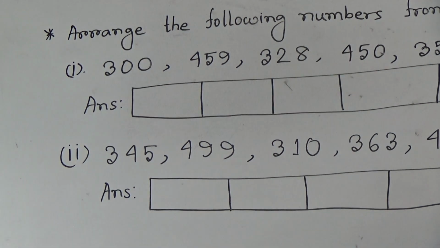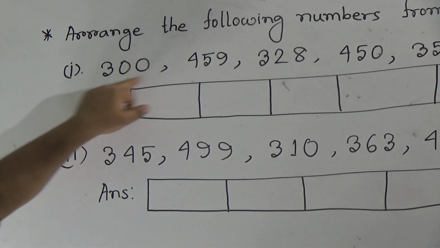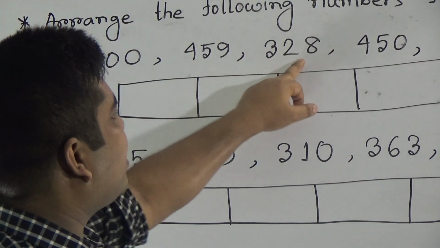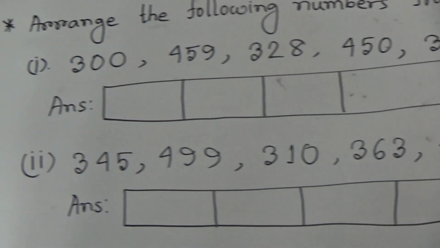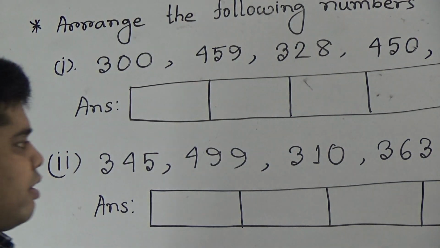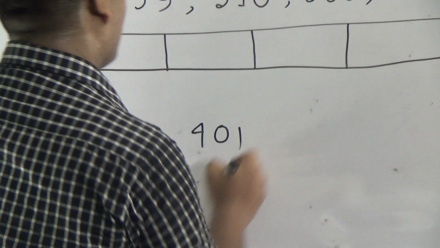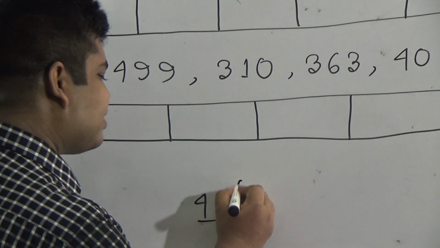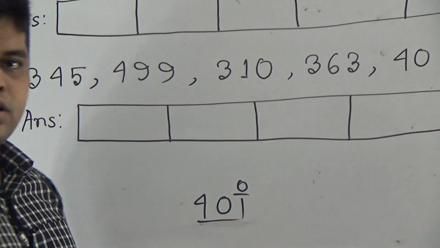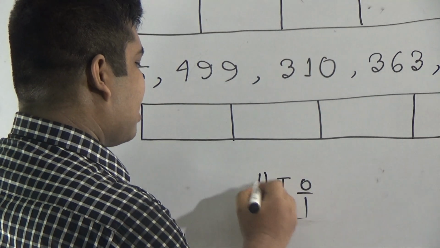So at first we solve question number 1. Here the numbers are 300, 459, 328, 450 and 350. My dear students, we have already learned write in numbers or write in words. 401: suppose this is a number and its ones place number is 1, 0 is in tens place and 4 is in hundreds place.